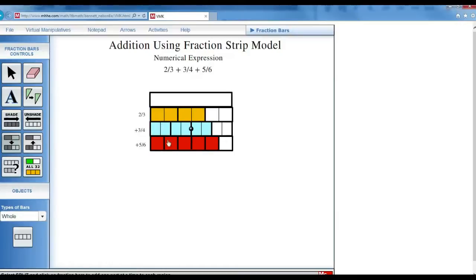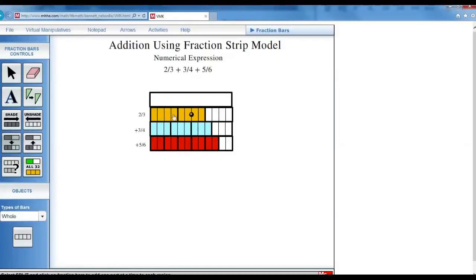Okay. And these are my equivalent fractions that I'm getting by dividing each section continually until I find a number of strips that I can cut into equal parts.